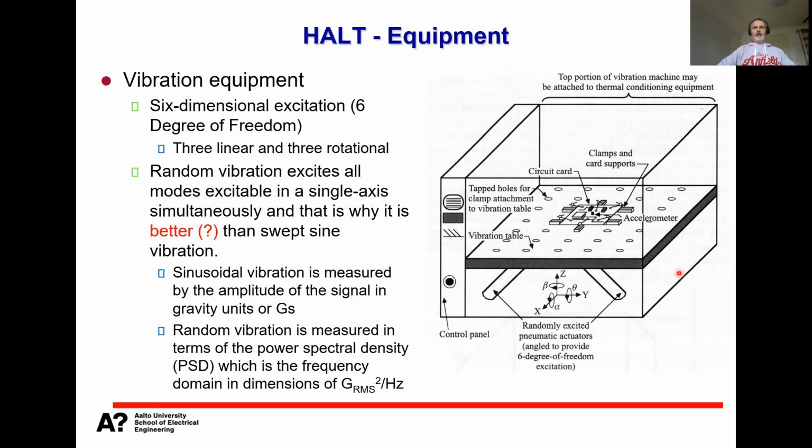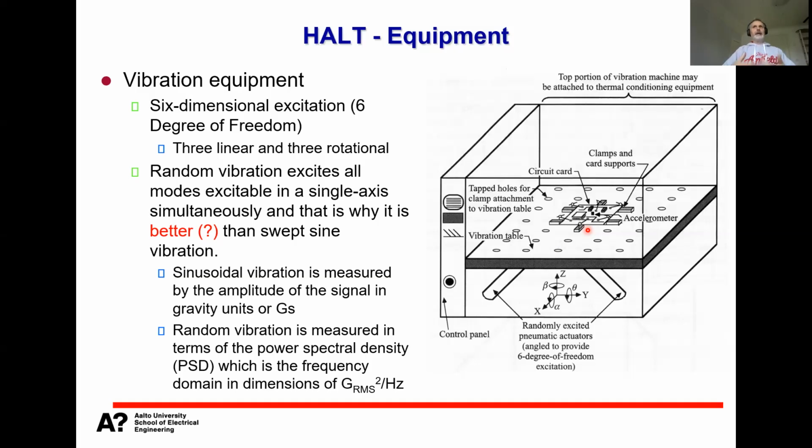It means that if here you have your vibration table, this is your product which you are testing, then this vibration table can move in X direction, Y direction, Z direction, as well as have rotation along X direction, so alpha, rotation along Y direction, and rotation along Z direction. Meaning that you can shake it in whatever direction, and you can also simultaneously rotate. So basically, you can have acceleration and rotational forces in whatever direction you want.